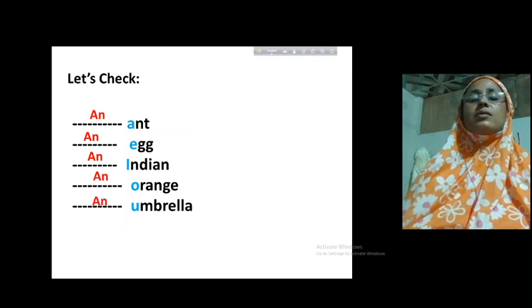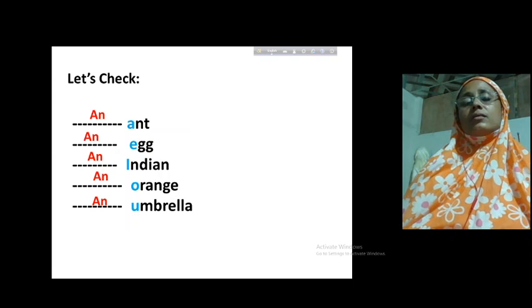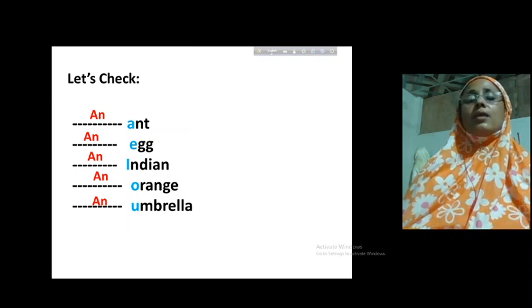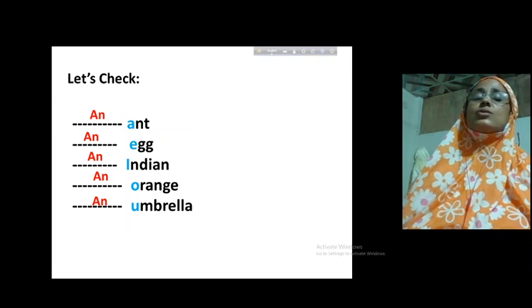Why? Because ant starts with the vowel A and it sounds like a vowel. Again, egg starts with a vowel and sounds like a vowel, so we put an before egg.